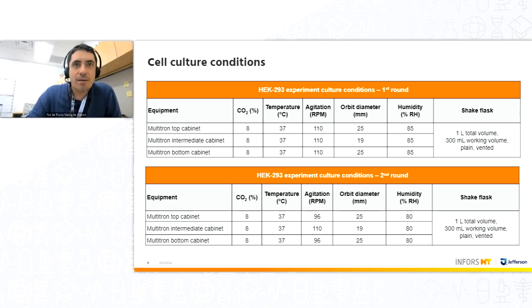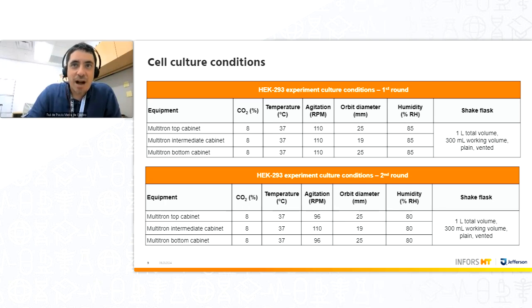Each line here is the condition that you have on each cabinet of the incubator. For CO2 and temperature, we used the same values for all experiments: CO2 at 8% and temperature at 37 degrees Celsius. But we tested different levels of agitation, orbit diameter, and humidity.